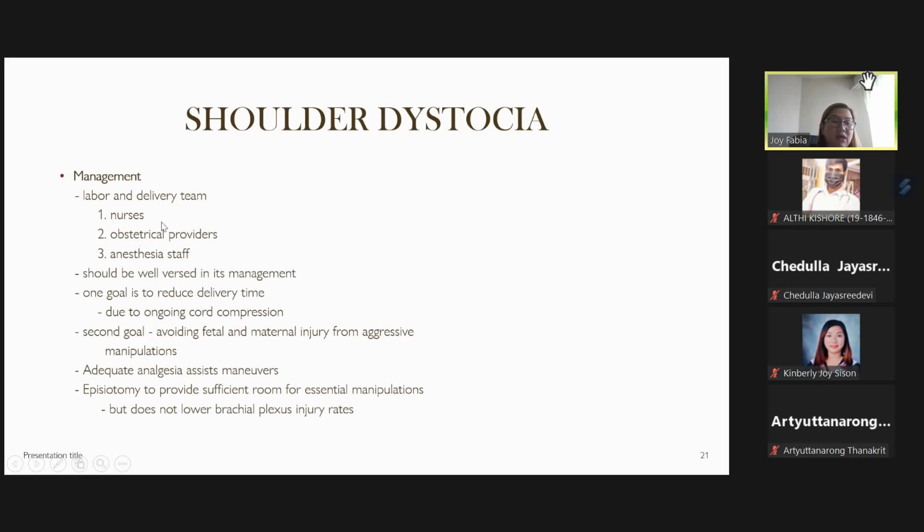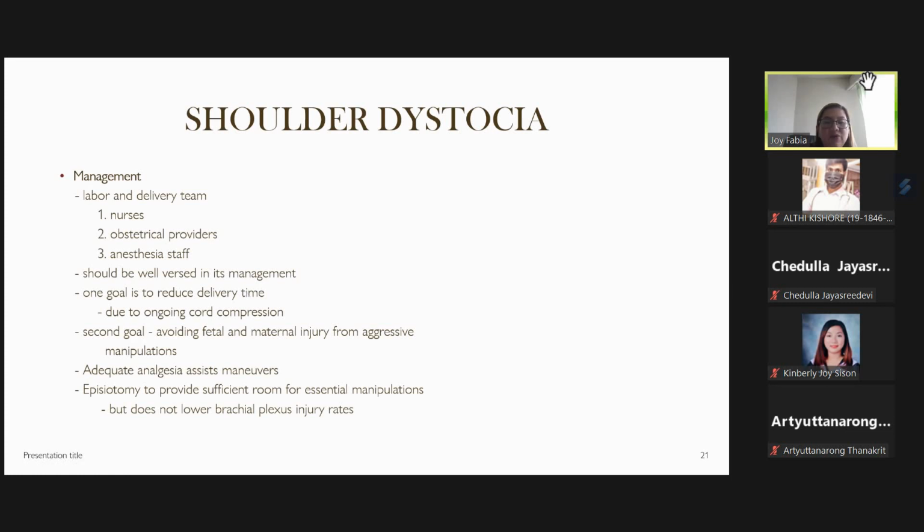And of course, we should have an operating room available. If we are only a lying-in, an RHU, or a community hospital without an operating room, we need to refer to a higher center. Again, the whole team should be well-versed in its management.